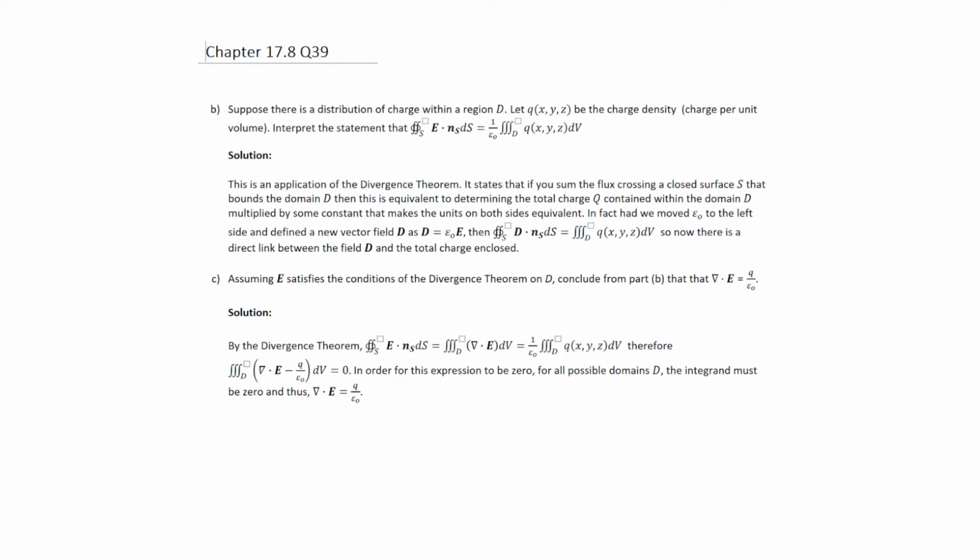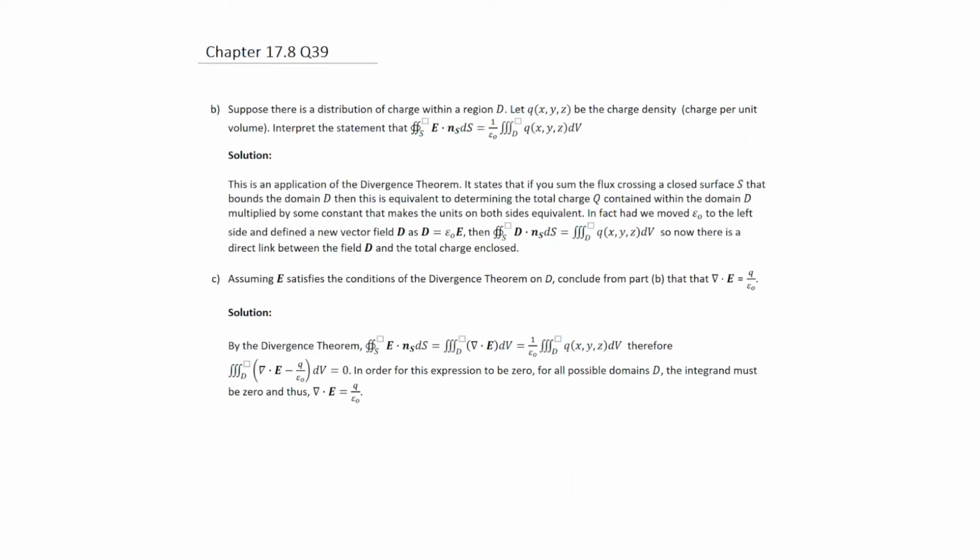In fact, if we moved epsilon to the left side and defined a new vector field D as D equals epsilon E, which we normally call the displacement field, not the electric field, then the closed surface integral of D dot n dS would be equal to the triple integral of q(x, y, z) dV, which is basically computing the total charge enclosed within the domain, and that domain has a bounding surface S. So now we have a direct link between D and the total charge enclosed. That would be a one-to-one relationship.